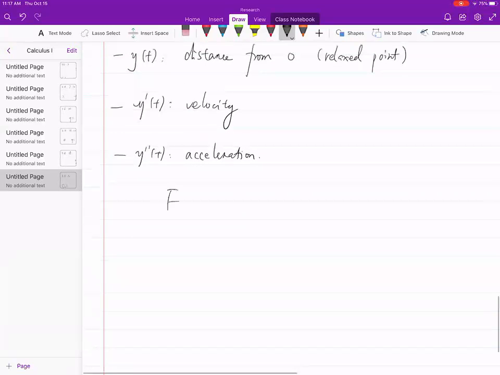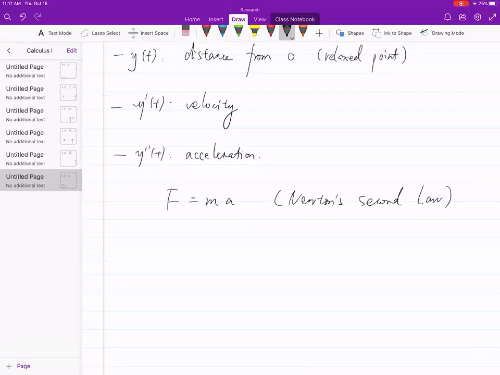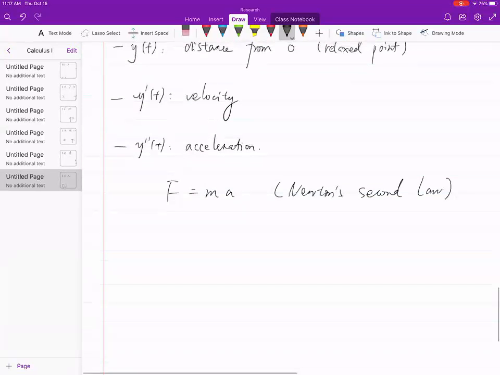Everybody knows that. That's Newton's second law. Then I can put my y double prime here, which means I am half done. I have a differential equation which involves the second derivative of y. Sounds good? Now I just need the force.